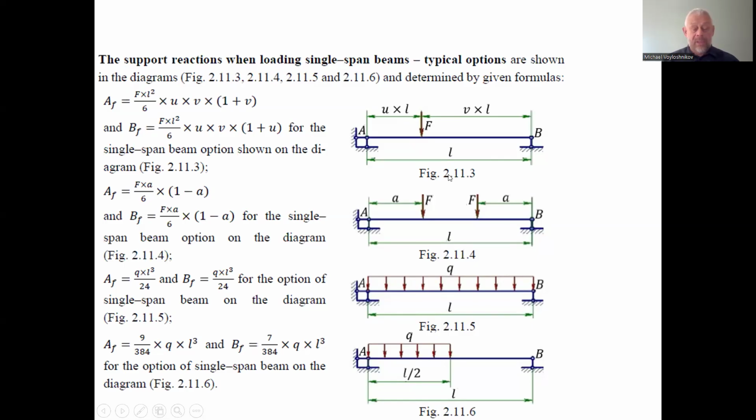As for the beam loaded by just one concentrated force, indicated on draft 2.11.3, we have two formulas to determine the summands AF and BF, considering the point of application, the distance between the hinge and the point of application of the force, the force itself, and the total span L squared.